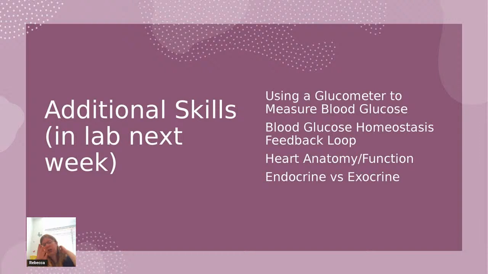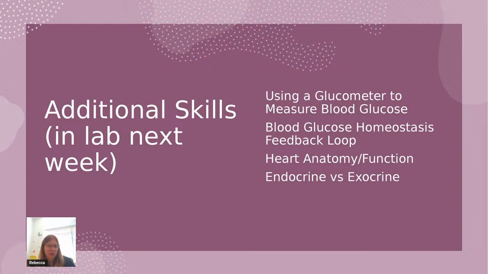As I was talking about, these are the additional skills that we're going to look at in lab next week. That's using a glucometer to measure blood glucose levels, understanding the blood glucose homeostasis feedback loop, and looking at some heart anatomy. You learned a lot about heart function in lecture, so hopefully that will be helpful to both lab next week and your lab practical.